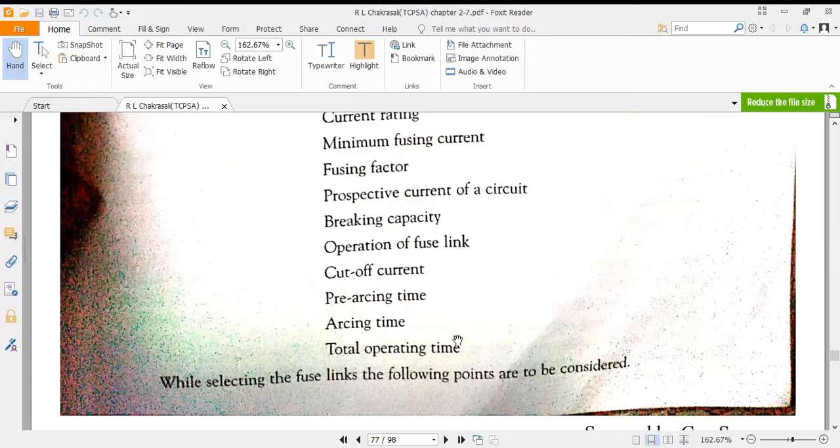If it melts only for a millimeter, then again we observe arcs between the terminals of the fuse. Therefore, that arcing time, how much time it should arc so that a maximum length is fused out, melted out.